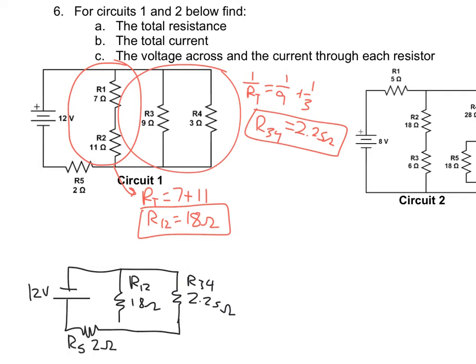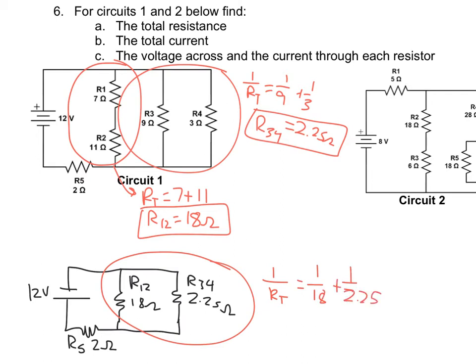We look for our next simple combination here, which is going to be these resistors in parallel. And so when we combine those, we have 1 over RT is 1 over 18 plus 1 over 2.25. And we find that the combination of 1, 2, 3, and 4 is just 2 ohms.